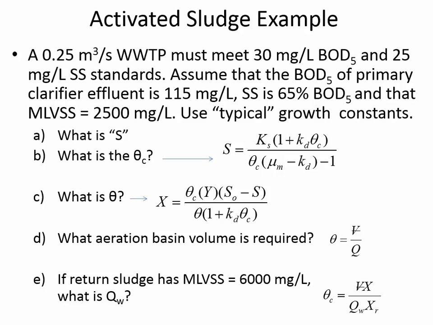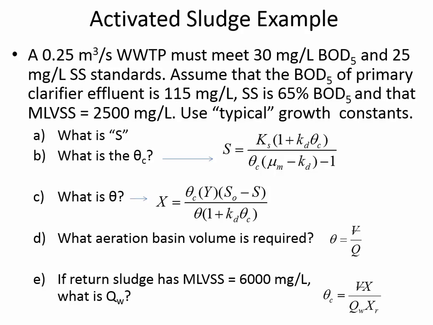Our typical Ks is 60 milligrams per liter of BOD. Mu sub m is 5 inverse days. K sub d, the death coefficient, 0.06 days to the minus 1. And then our yield we're going to use is 0.6 milligrams of VSS per milligram of BOD that's removed.